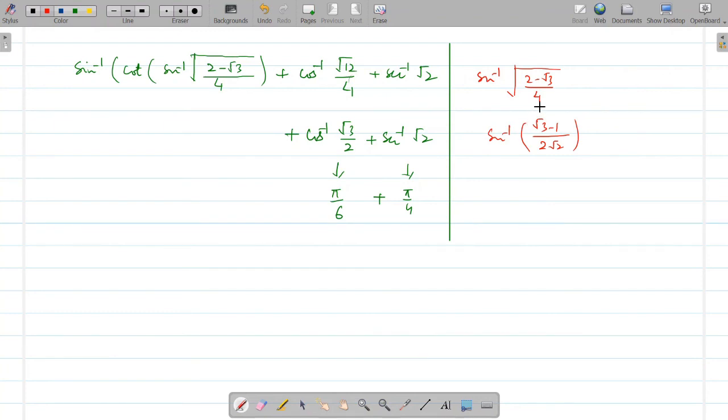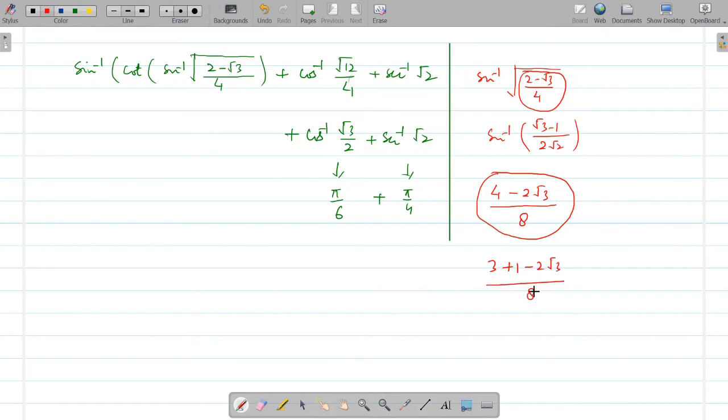I'll just explain: we multiply 2 in the numerator, and then you can write 4 minus 2 root 3 there, and in the denominator as well. I'm just solving this part only so that you can understand. I can write it like this by multiplying 2 in both numerator and denominator, and further 4 can be written as 3 plus 1 minus 2 root 3 divided by 8. So you can see this is root 3 squared and this is 1 squared minus 2 root 3. So I hope it is clear now.